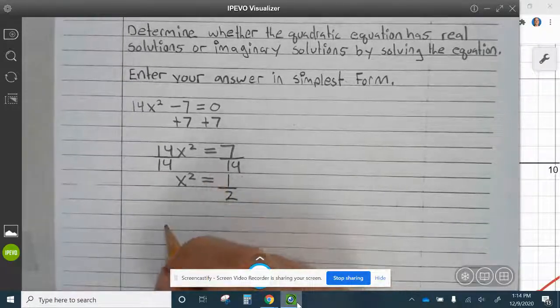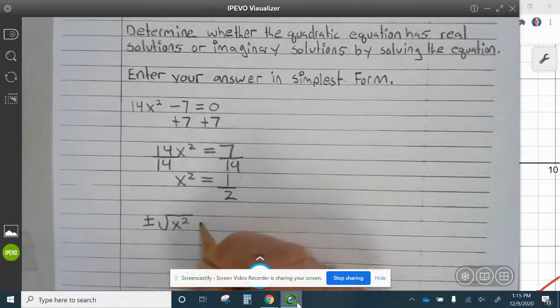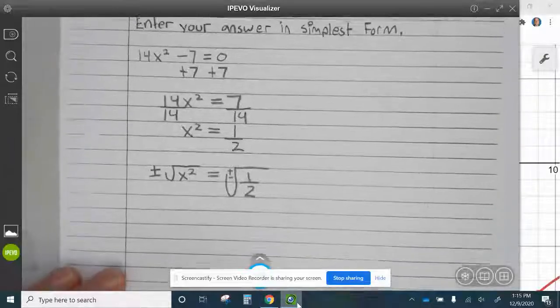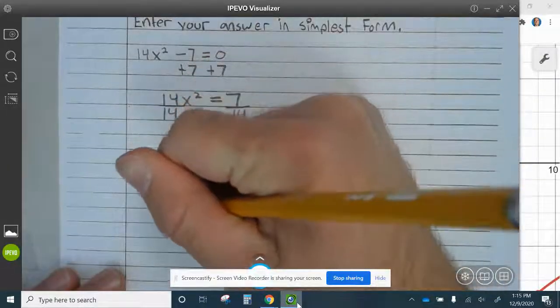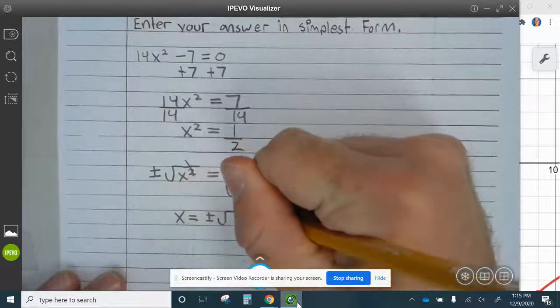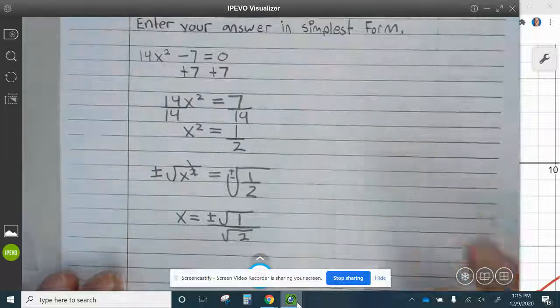Now we take the square root, plus or minus, of both sides. So this cancels. You're left with x equals plus or minus the square root of 1 divided by the square root of 2.